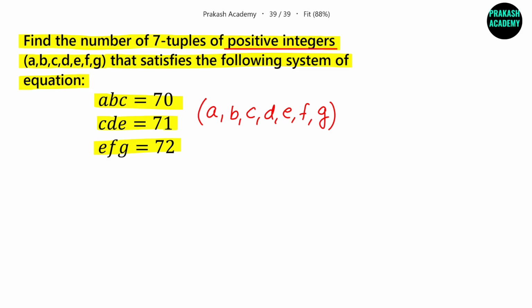This means a, b, c, d, e, f, g all are positive integers. Now let us see this. We have 3 equations, first, second, third. So let us see the second equation. On the right hand side we have 71, and 71 is a prime number.